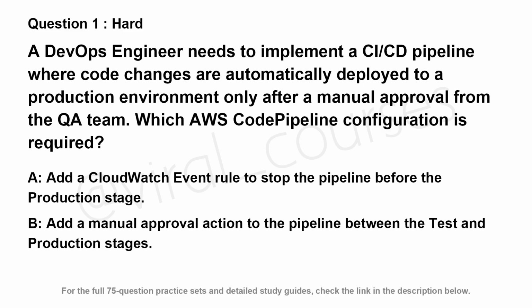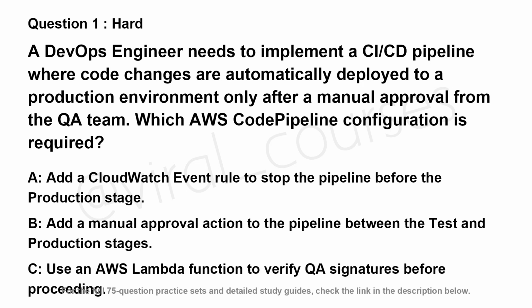Option B. Add a manual approval action to the pipeline between the test and production stages. Option C. Use an AWS Lambda function to verify QA signatures before proceeding. Option D. Configure a CodeDeploy trigger that waits for an SNS notification.